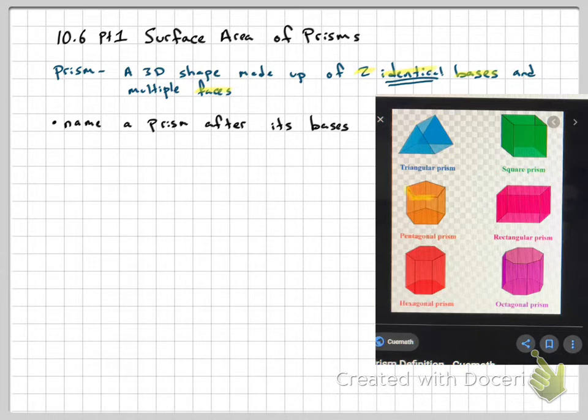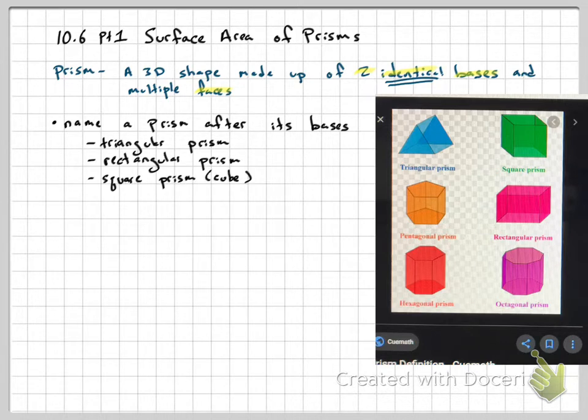A pentagonal prism, the base has 5 sides, so there are 5 faces. An octagonal prism would have 8 faces, etc. Triangular prism, rectangular prism, square prism, also known as a cube, decagonal prism. It's all about the number of sides the bases have.